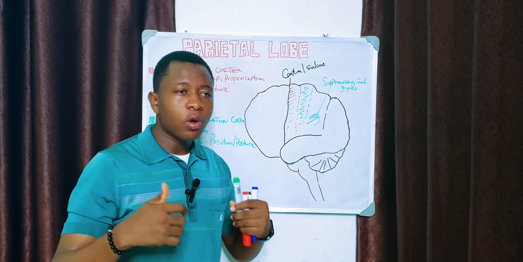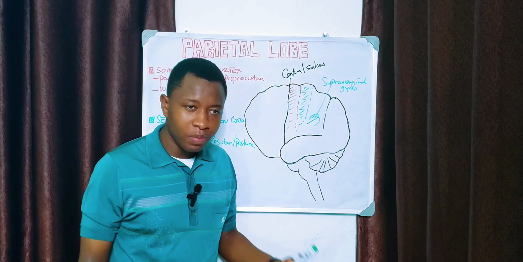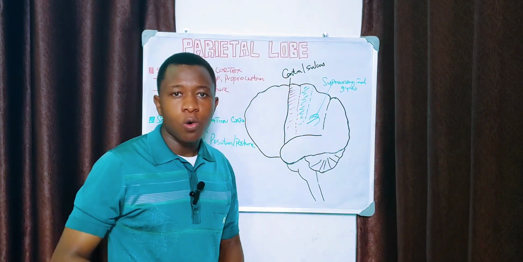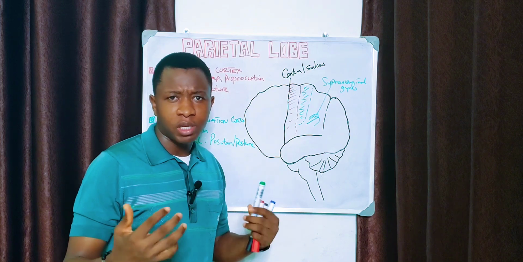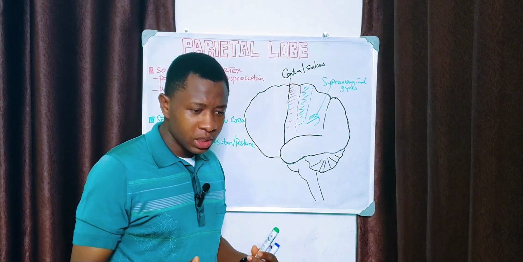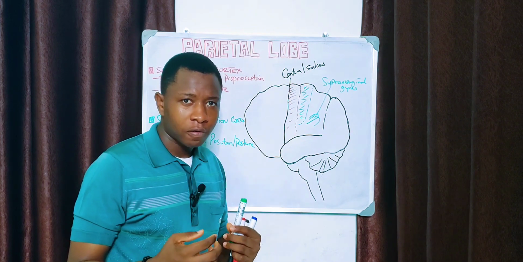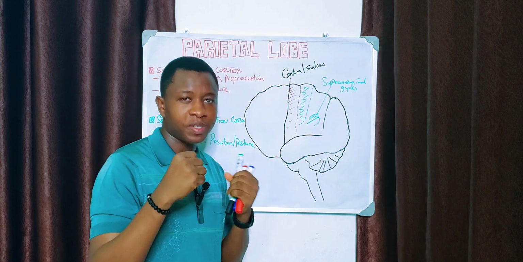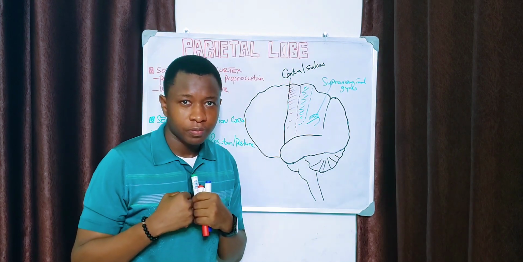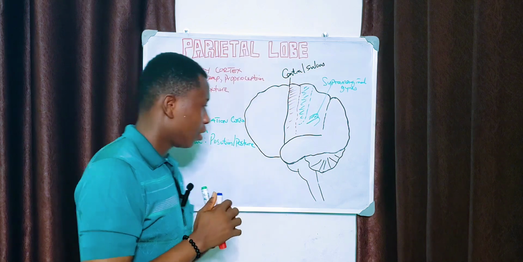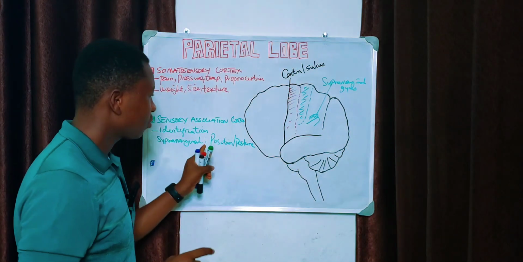Okay, so if someone comes with a warm gesture of maybe hugging you, you should be able to know that, oh, this posture means that this person wants to give me a hug. But if someone comes with a gesture that shows this person is ready for a fight, then you should be able to restrain and think of what to do next. All right, so that is the function of the supramarginal gyrus.